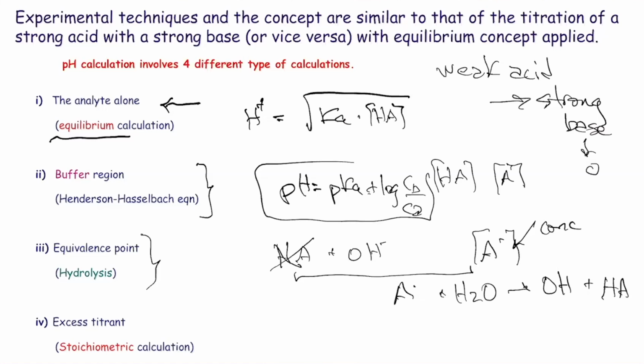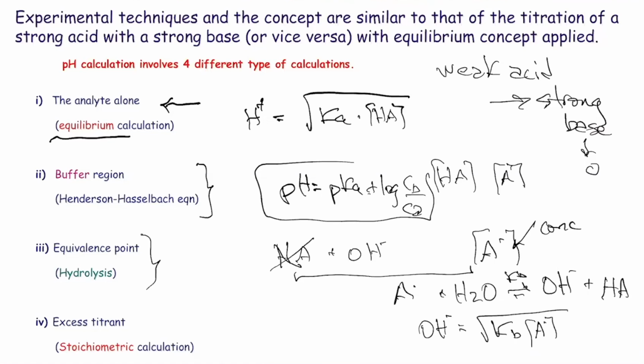You can't use the Henderson-Hasselbalch equation. What you can do is this right here. And guess what? You're forming hydroxide. That's a Kb problem. So the hydroxide ion concentration equals the square root of Kb times the concentration of that base. You can do that. Okay?